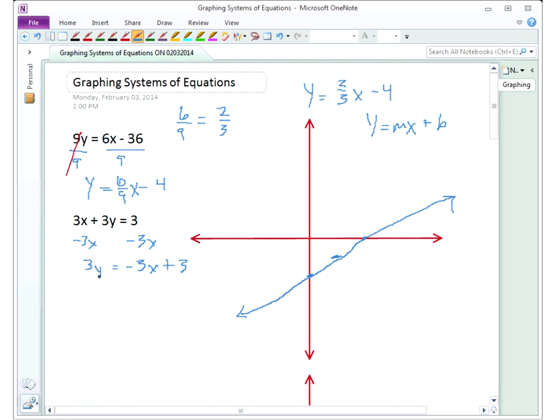Now to isolate the y, just divide everything by 3. Don't forget that every term has to be divided by the 3. So negative 3 divided by 3 is just a negative 1, and positive 3 divided by 3 is just a positive 1.